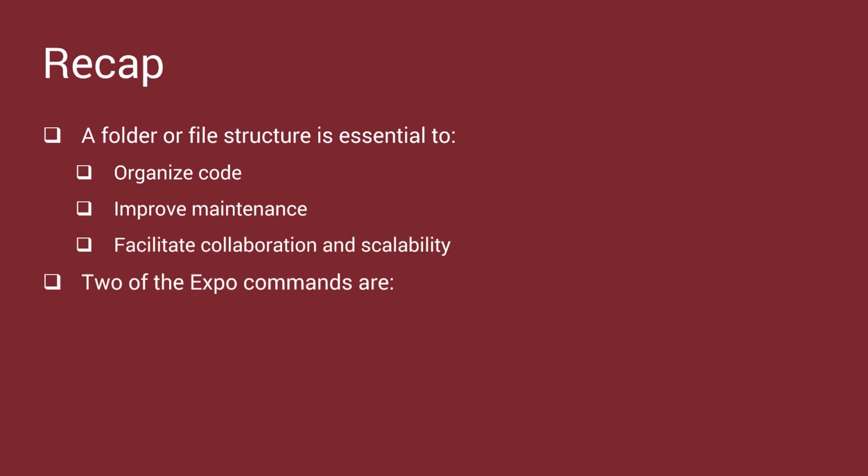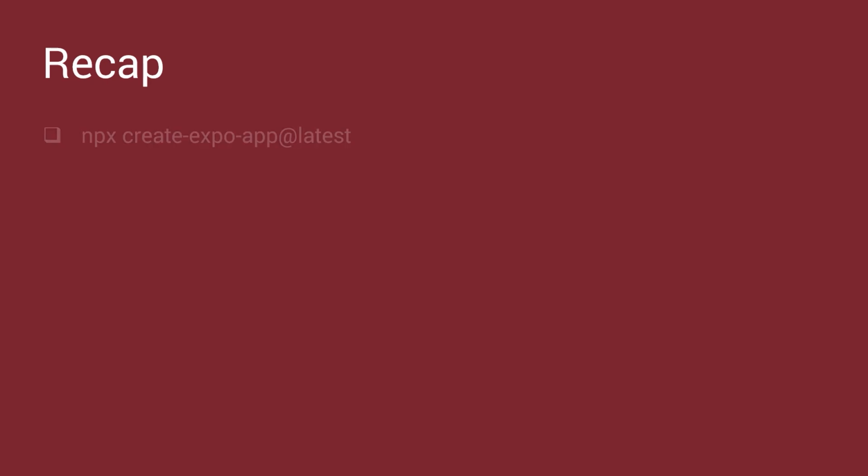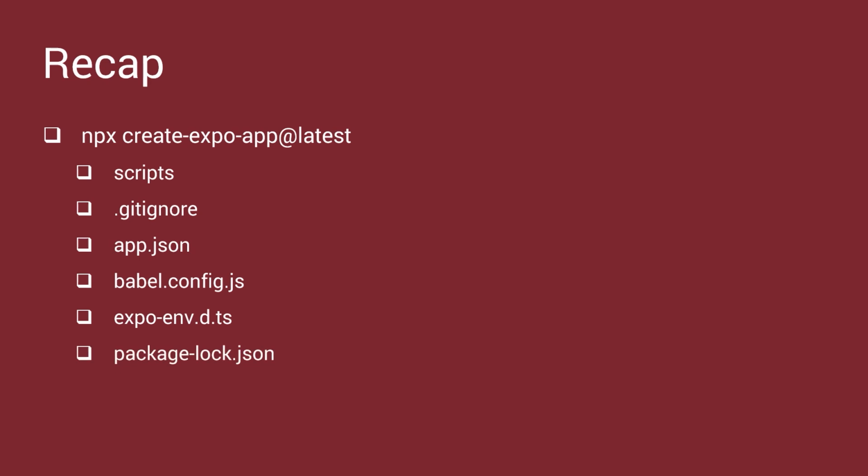Two Expo commands are npx create-expo-app@latest and npx create-expo-app anotherapp --template blank. The detailed folder and file structure of the first Expo command includes .expo, app, assets, components, constants, hooks, node_modules, scripts, .gitignore, app.json, babel.config.js, expo-env.d.ts, package-lock.json, package.json, and readme.md.